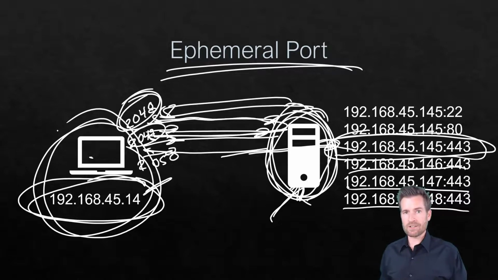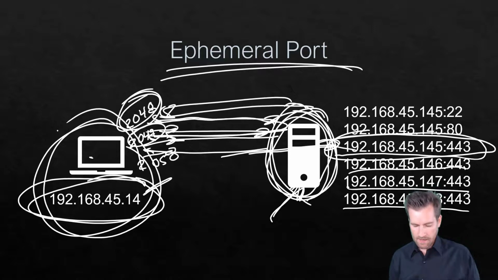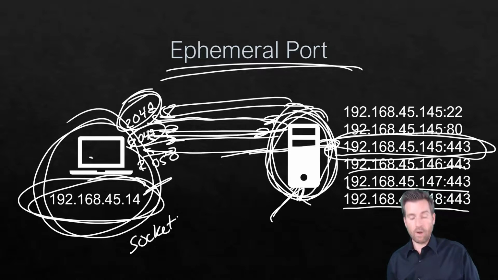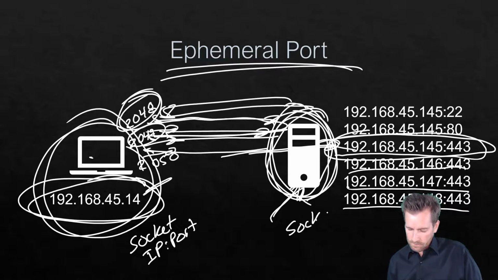So really, there's a socket on both sides. There's a socket on the client side, whatever's requesting it, and remember, the socket is the IP and port combination. And there's a socket on the server side, which is once again the IP and port combination.